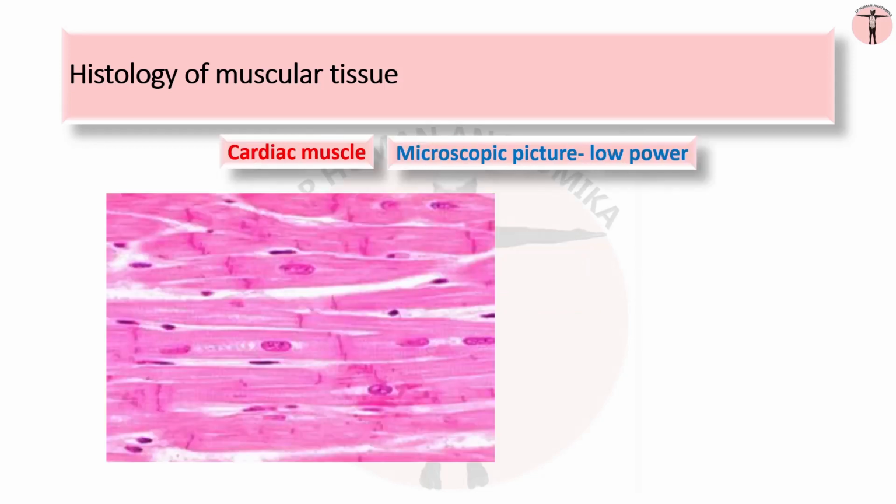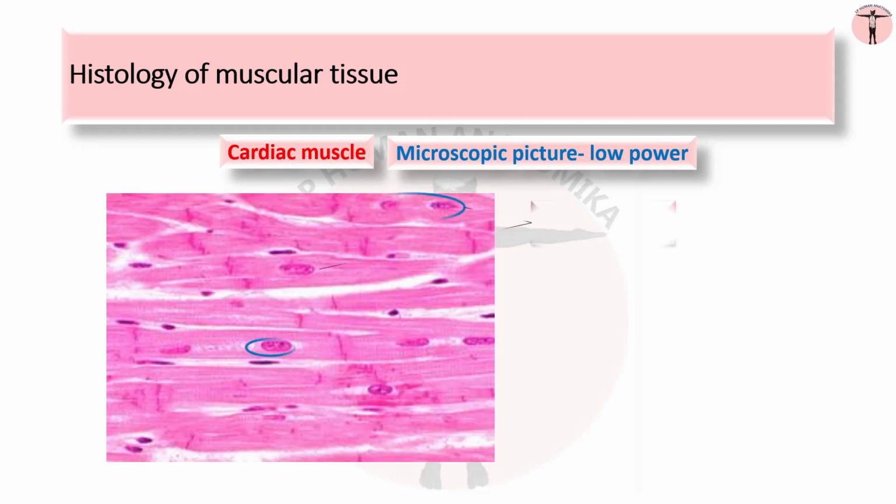This is the photographic picture of the section of cardiac muscle under the low power of the light microscope. The section is stained with routine stain, hematoxylin and eosin, to show the features. You can observe the following features in this picture.